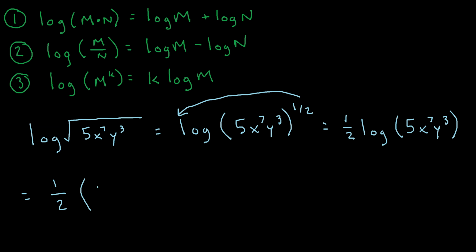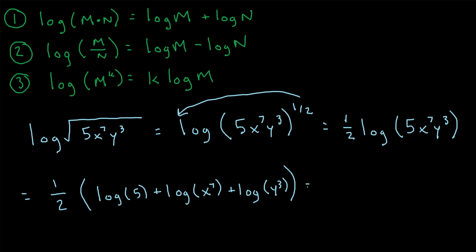So we can actually rewrite this as log of 5 plus log of x to the 7th plus log of y to the third. And then our last step is, we said if we have log of m to the power of k, we can throw that k out front and write it as k times log of m. So we'll go ahead and do that with these exponents that we have left, the 7 and the 3.